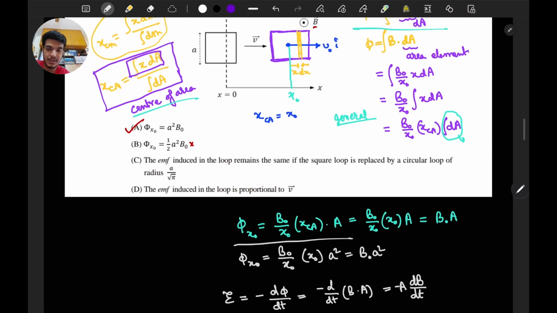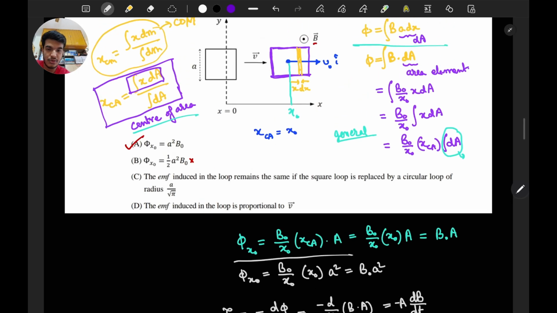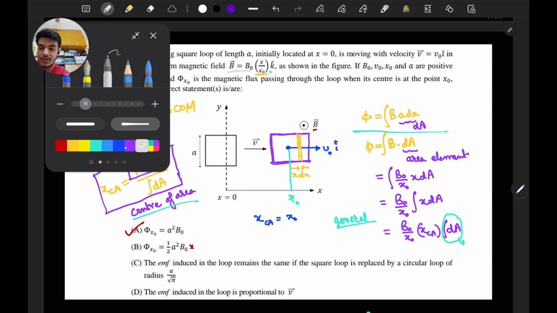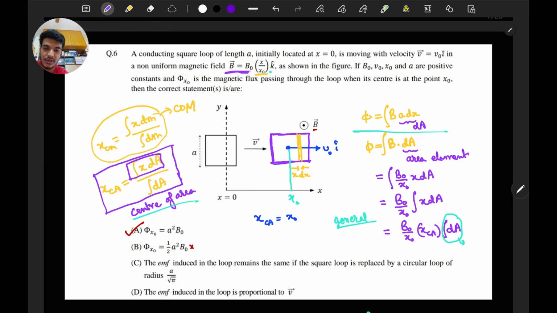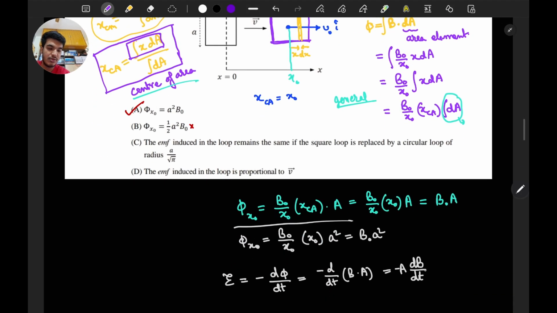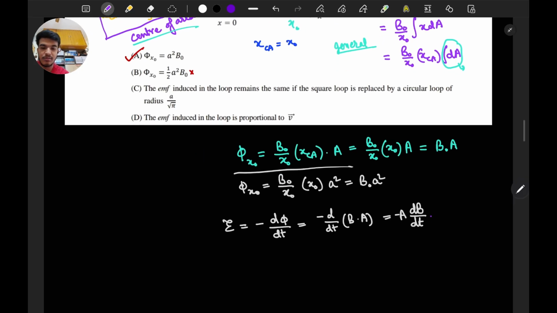Minus A dB/dt. One thing you have to note is that this magnetic field is defined over all space, over all x, so there is no region where there is no magnetic field. That's why the area is not changing with time. Only the magnetic field is changing with time, or with space.